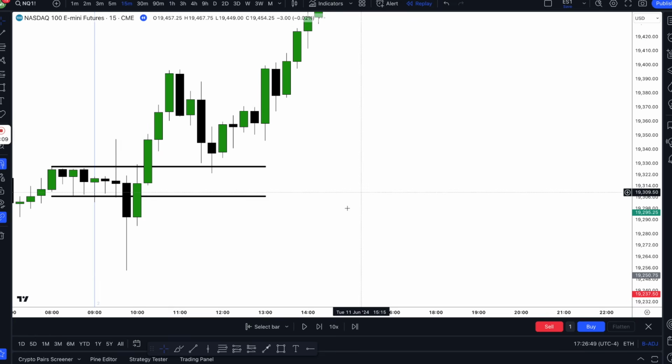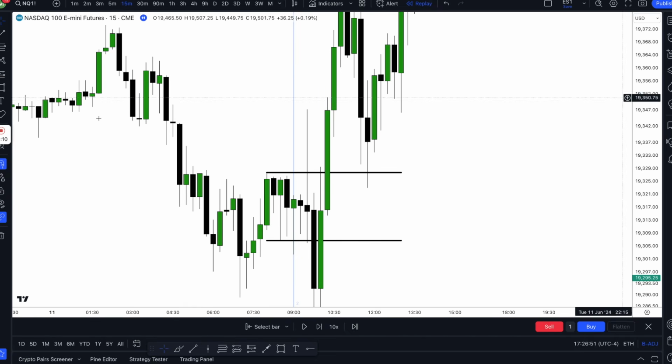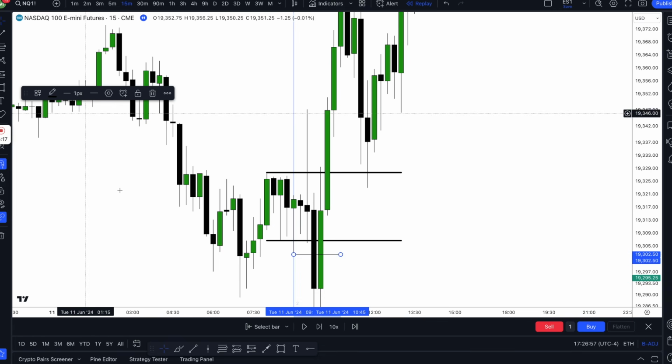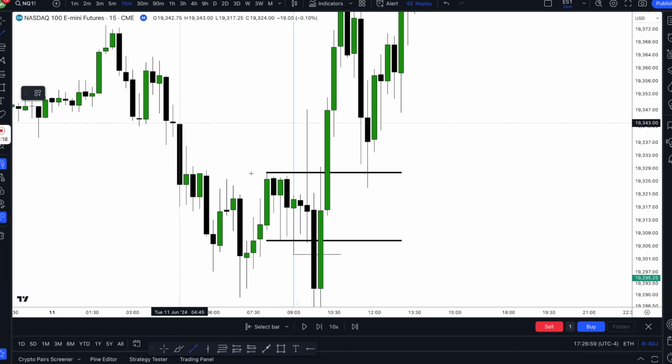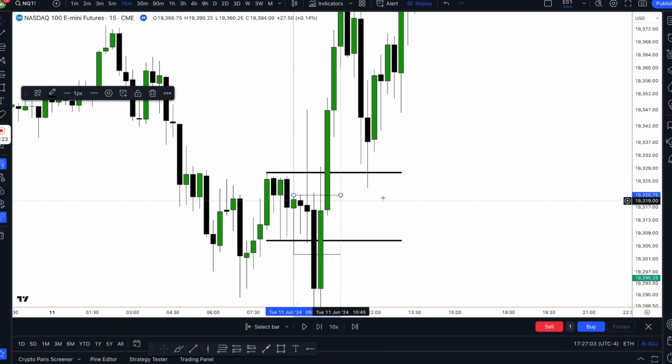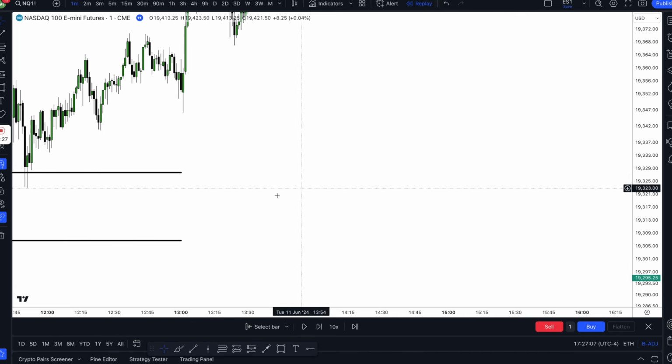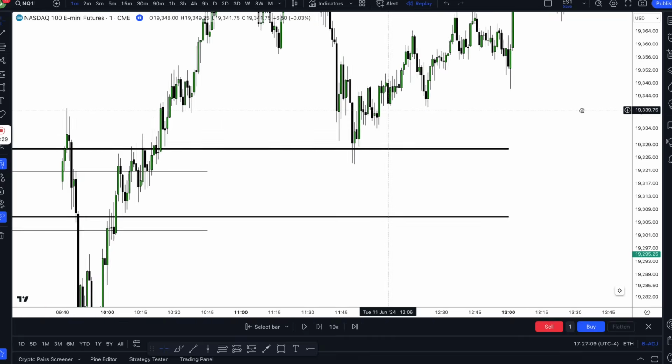Dropping down to the 15-minute, we will draw the 9 a.m. high and low. We will make the lower time frame CRT thinner lines. Dropping down to the 1 minute time frame, let's look for a possible entry.